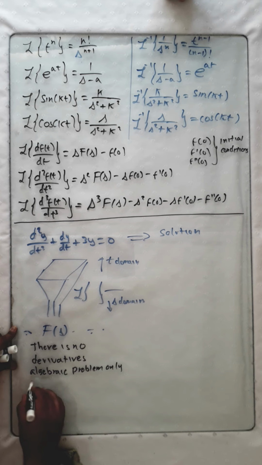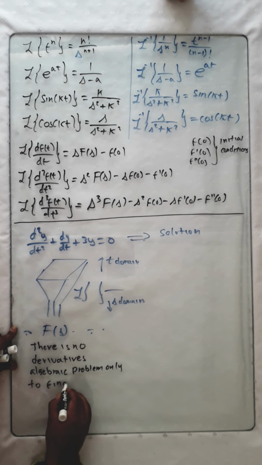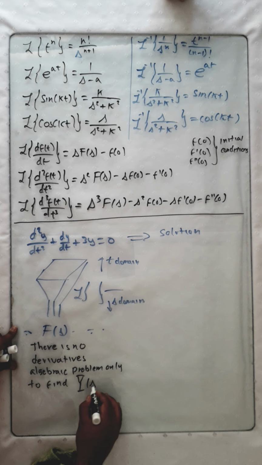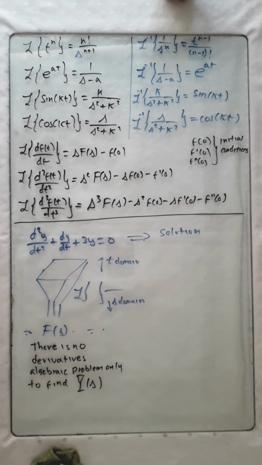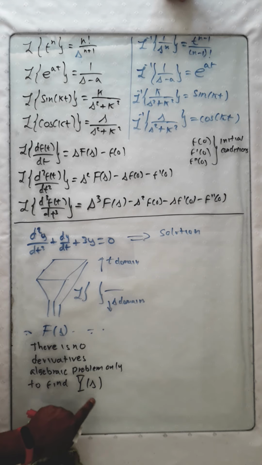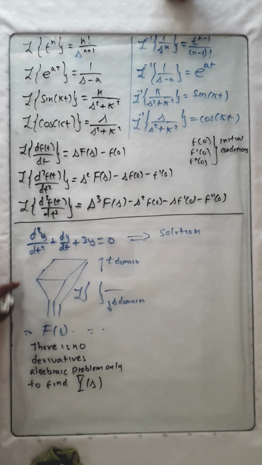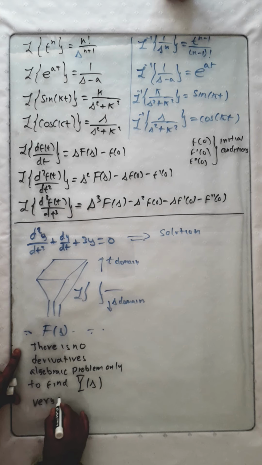Only to find capital Y of s. So that is the advantage. You don't have derivatives. In the s domain, you have only an algebraic problem where you have to just find the value of capital Y of s. It's very easy. Here is very difficult. Here is very easy to solve.